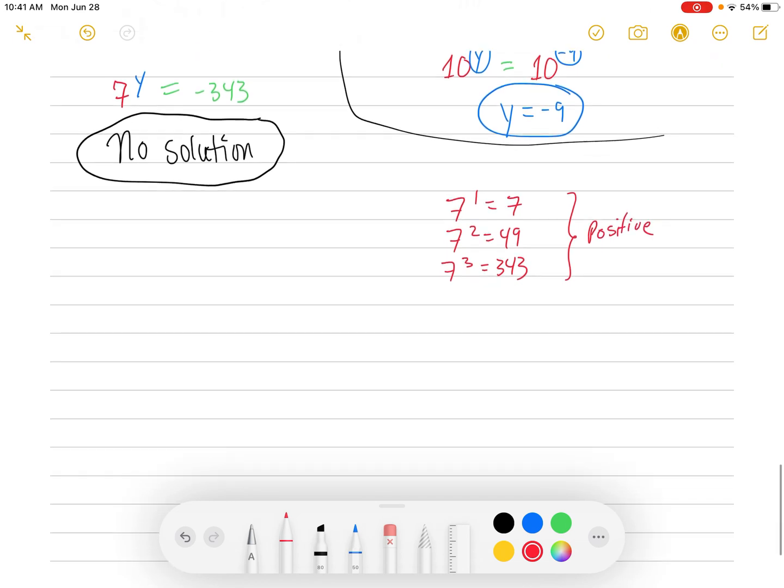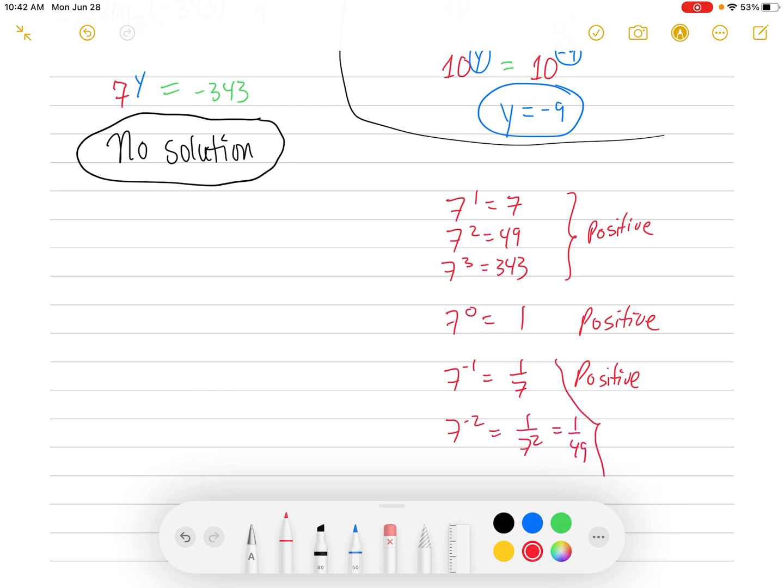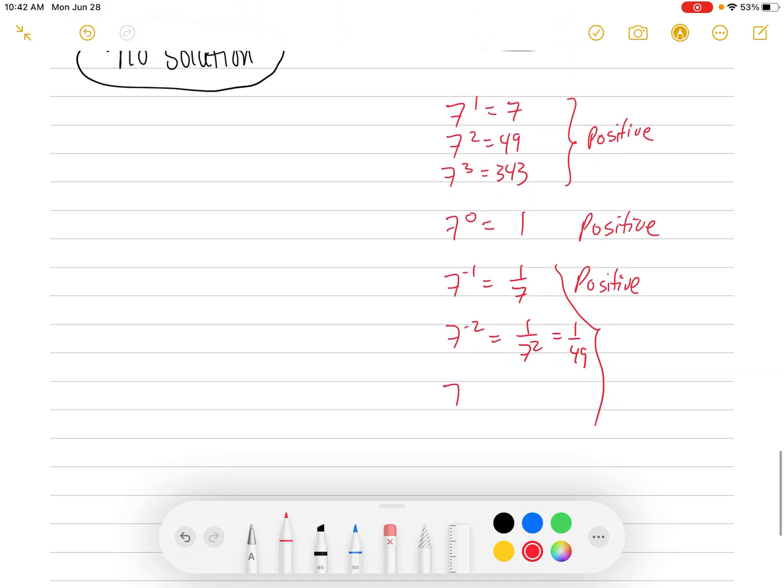Think about it. If I take 7 and raise it to the first power, I get 7. 7 to the second power, I get 49. 7 to the third power, I get 343. So those are all positive, right? Now let's try 7 to the 0 power. Well, 7 to the 0 power is 1. That's still positive. Let's try 7 to the negative 1 power. That's 1/7, which is positive.